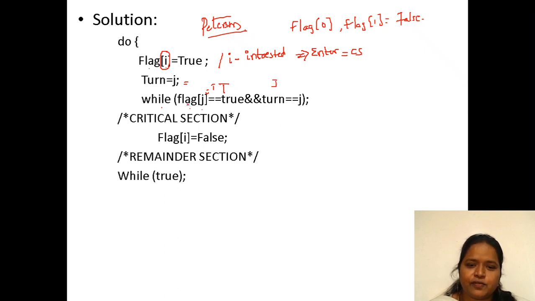Here process j is interested to enter into the critical section and the turn is also of process j. Then process i has to wait. Now process j will enter into the critical section.